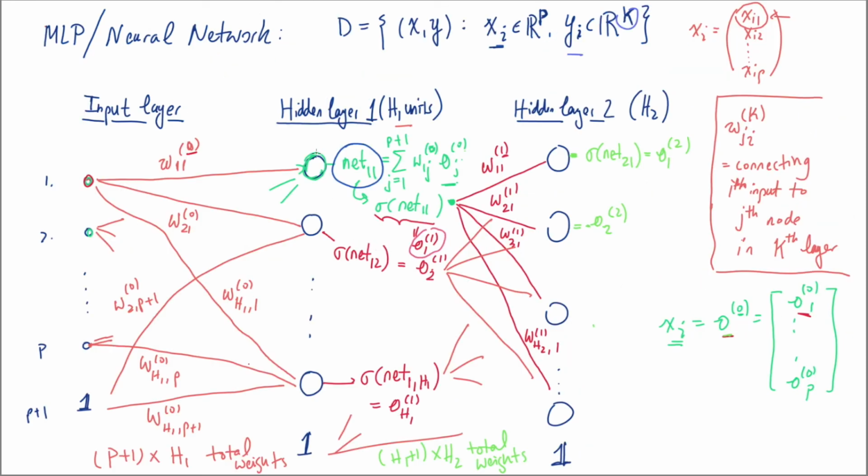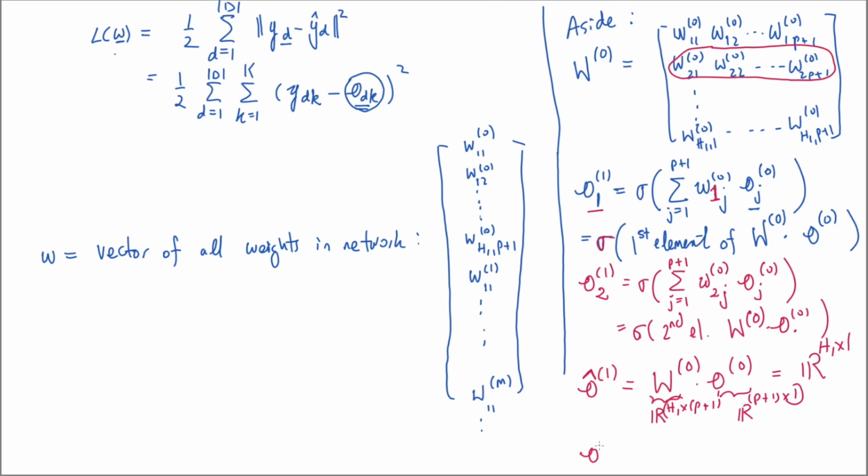The hidden layer here has H1 units, these circles are H1 many. But to go to the next layer, we're going to have this extra bias term. So to account for that, we need to build O1 as the concatenation of O hat 1 and 1. And now this is going to be an H1 plus 1 vector.